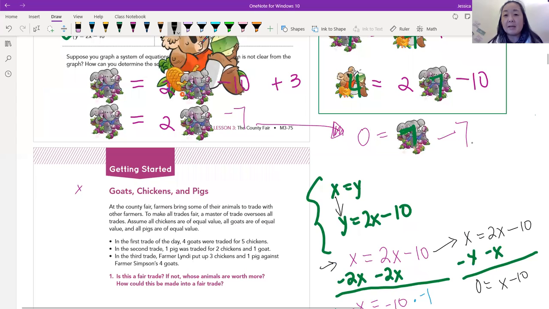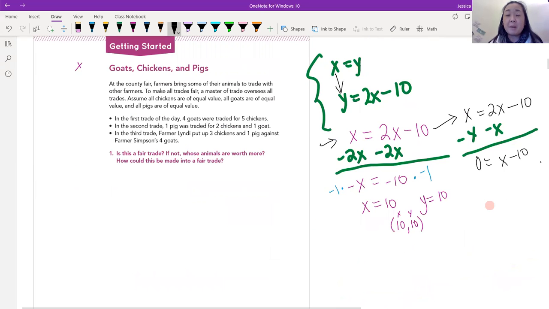We're like elephant minus 7 is 0. So which means that elephant has to be 7, right? So X minus 10, if that's equal to 0, that X better be 10 because 10 minus 10 is 0. Or you can algebraically solve it if you can't think about that right now. So the way we get rid of this minus 10 is plus 10. We get 10 is equal to X, right? Same thing. So it doesn't matter which way you do it. You can do it either way.